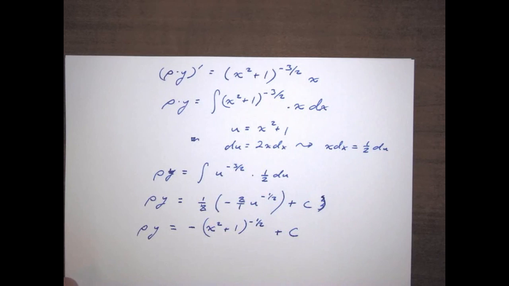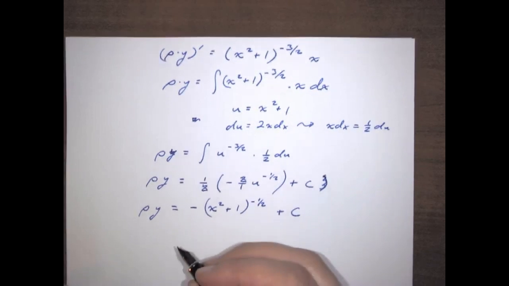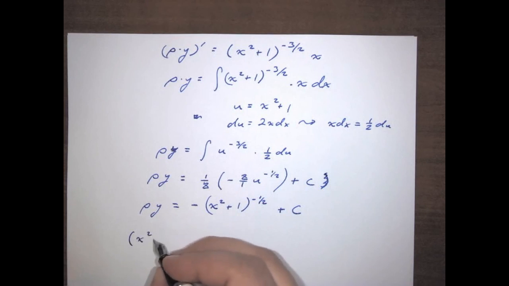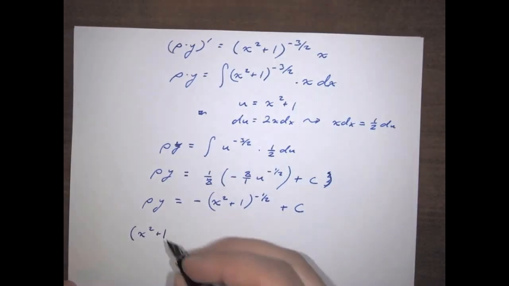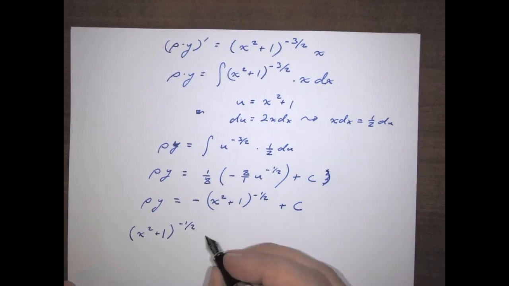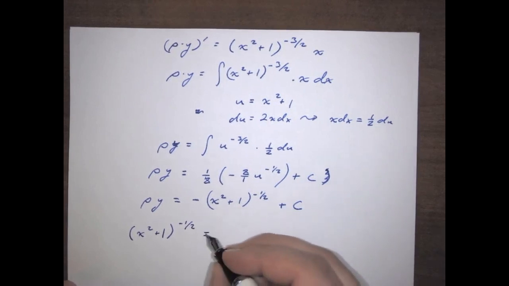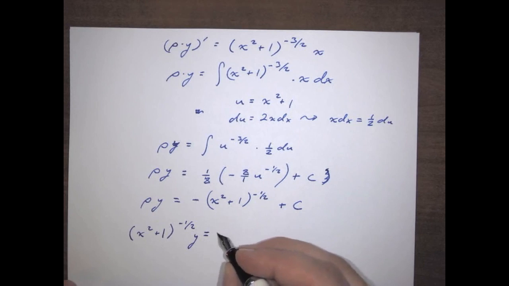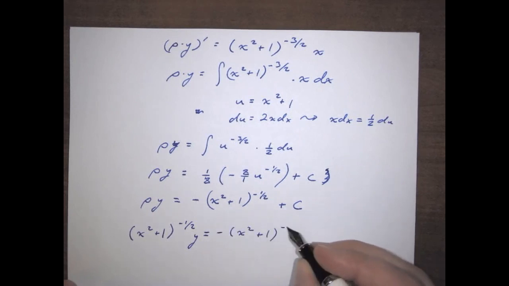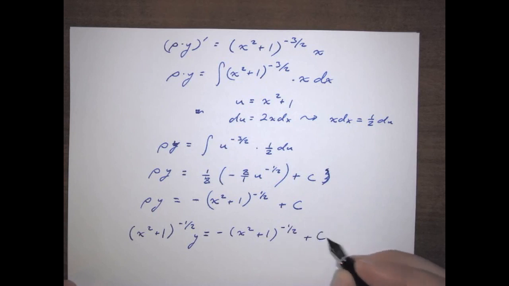But again, rho here was equal to, basically this. So then what that means is that x squared plus 1 to the negative 1/2 times y is equal to negative x squared plus 1 to the negative 1/2 plus c.